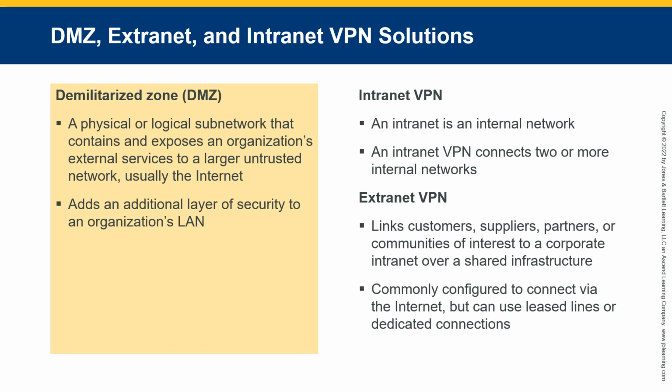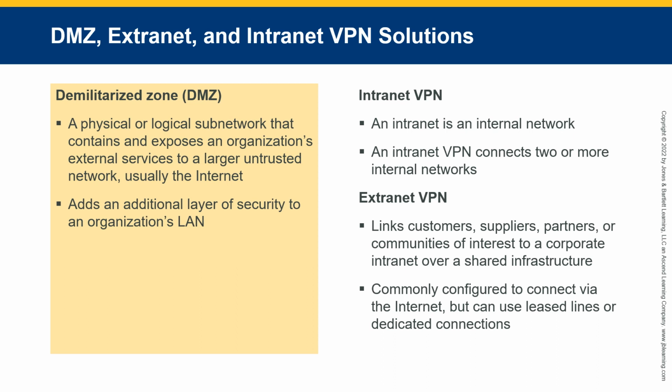But basically, either one is a physical or logical subnet that contains or exposes the organization to external services, to untrusted environments, just like you would have a perimeter to a building. You have your doors that you allow stuff to come in and out of. Same with the DMZ. Inside your building, you may have other doors and locks. Those are your internal controls. But your outer wall and those outer doors are your perimeter.